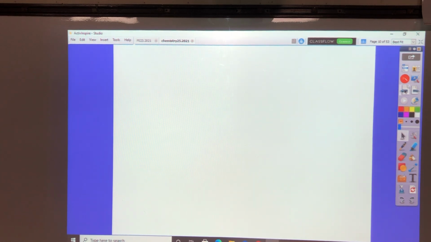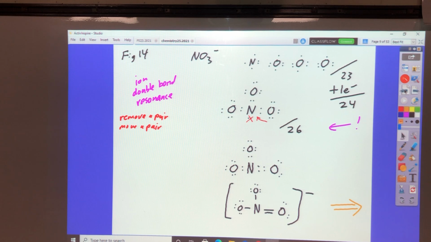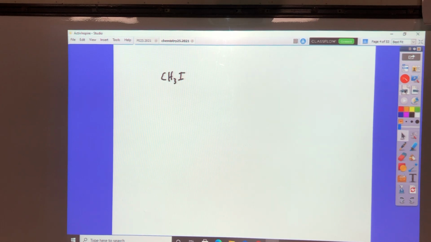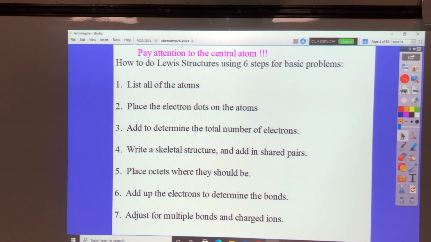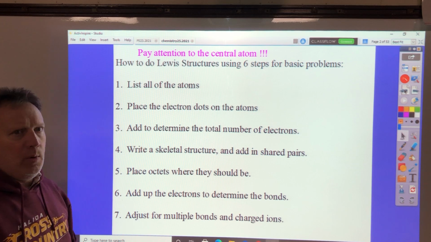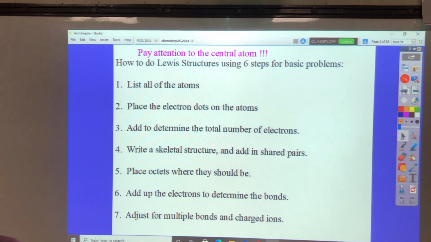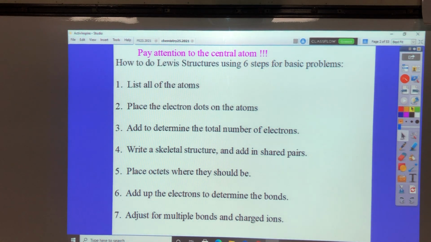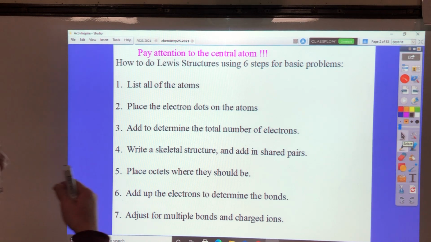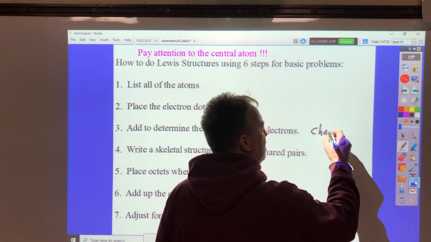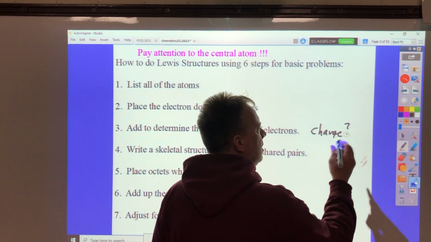Not sure why I did this one next because it's a little bit complicated, but that's okay. This one's got 2 things going on. One, when we get up to this part for nitrate ion, when we add to determine the total number of electrons and check to see if we have a charge, yeah, we do.